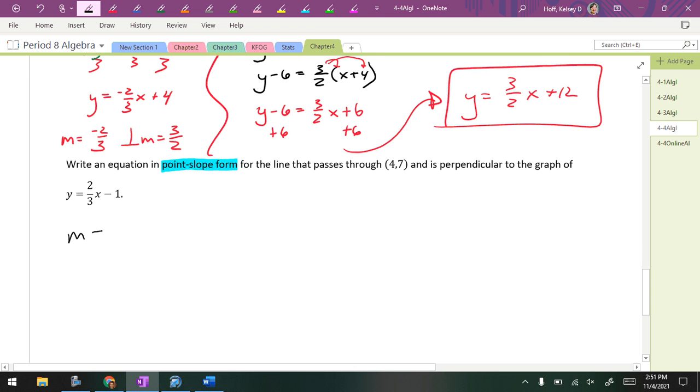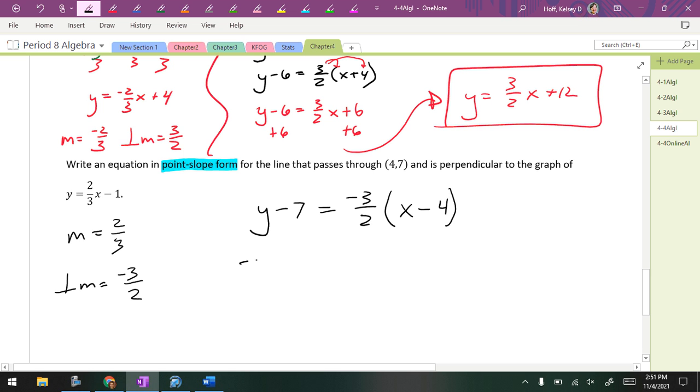Currently, my slope is 2/3. My perpendicular slope is negative 3/2. Y minus 7 equals negative 3/2, parenthesis, x minus 4. Oh, I don't even have any double negatives. Can I be done? Done.